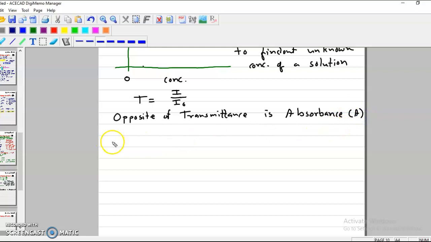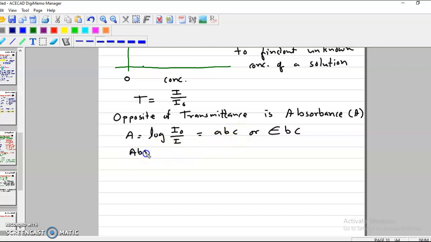So the formula is A is equal to log I0 upon I. And you know log I0 upon I is equal to ABC, or epsilon BC, where B is thickness or path length and C is concentration.